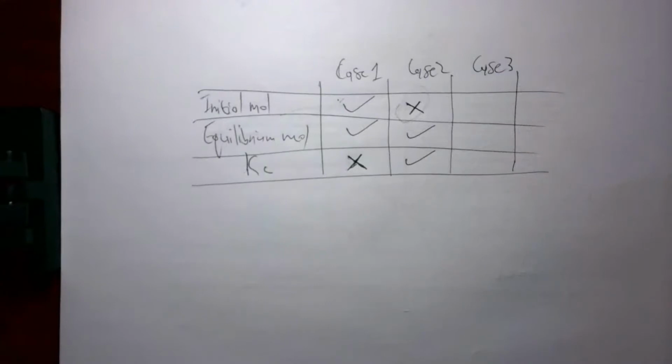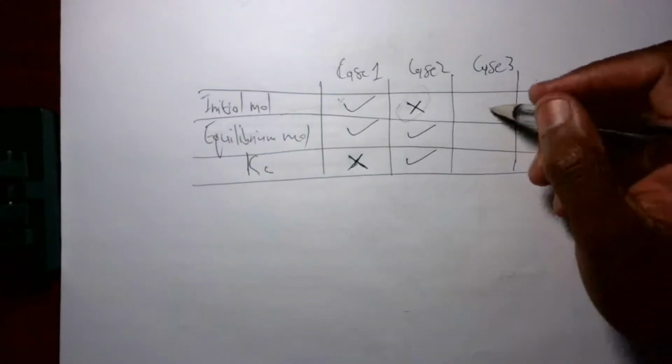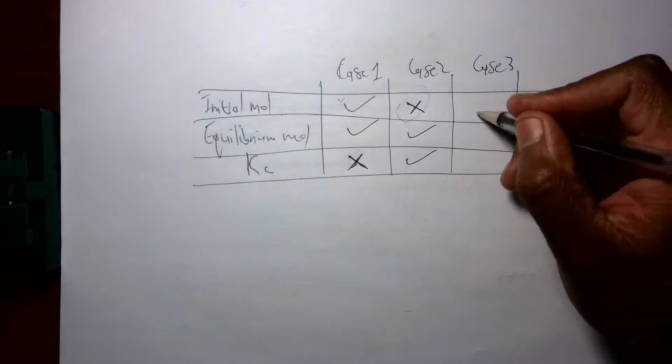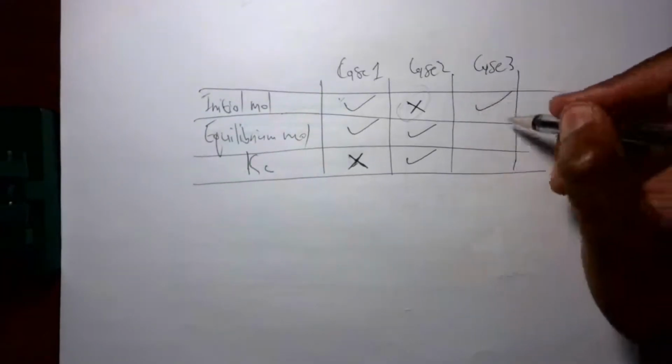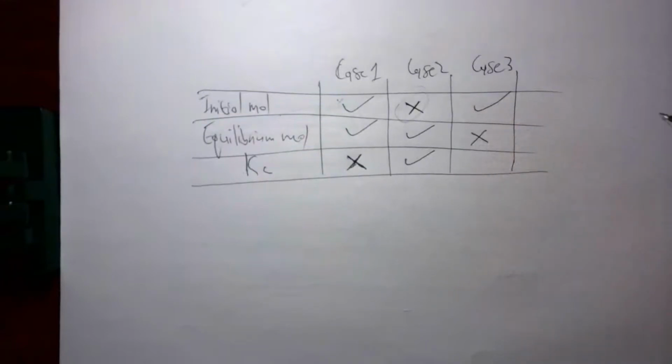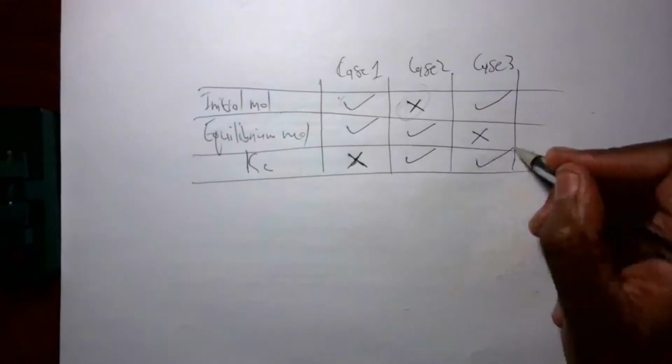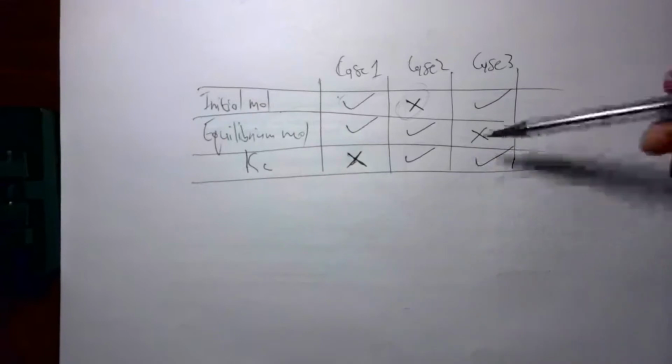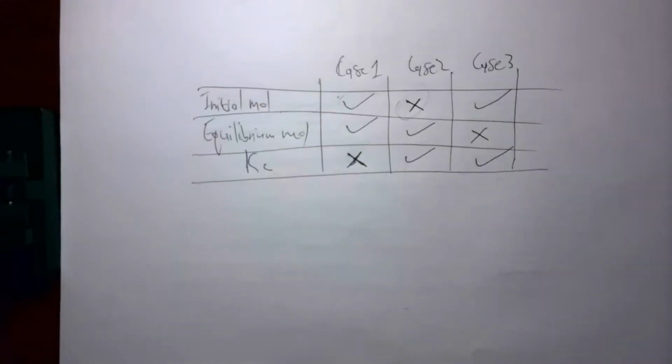In case 3, we'll be provided with the initial amounts of the substances. We don't have amounts at equilibrium, but we are provided with KC, so we are required to calculate the equilibrium amounts of the substances.